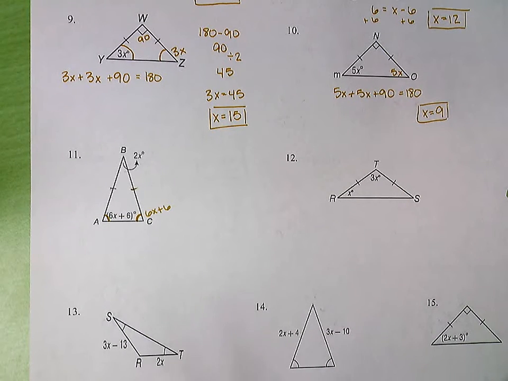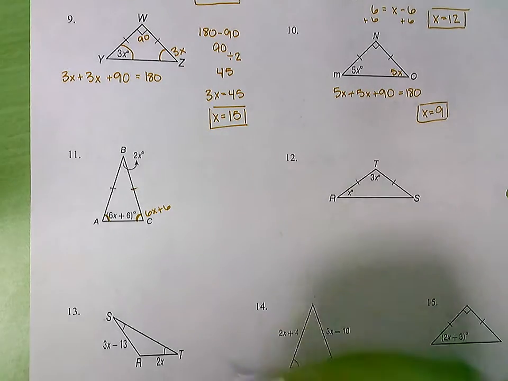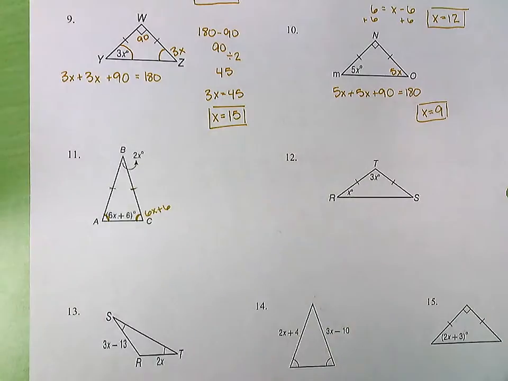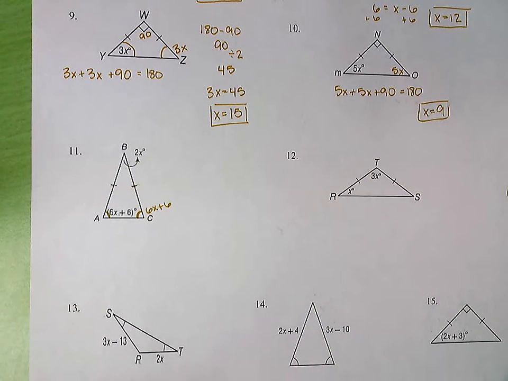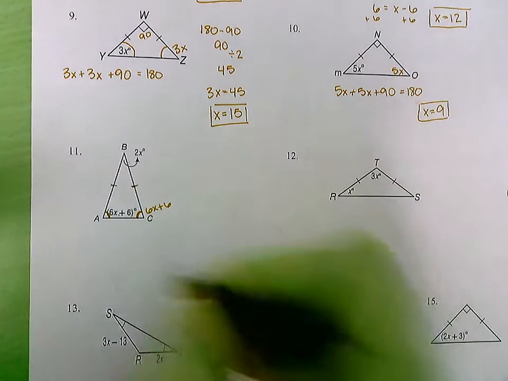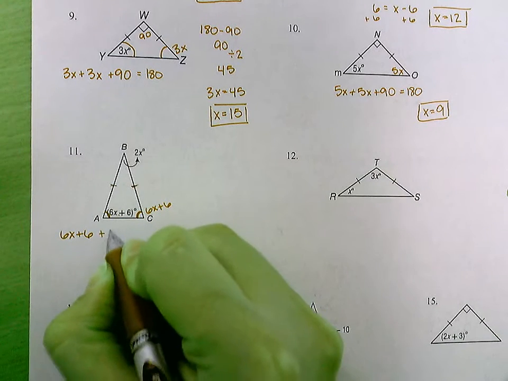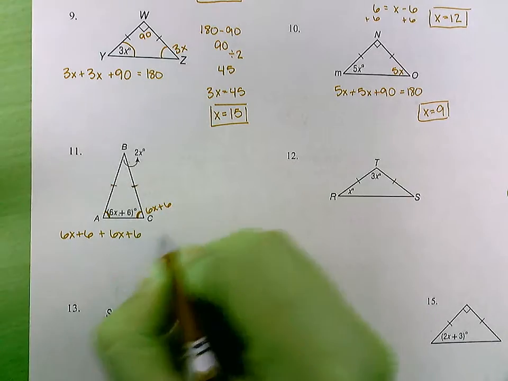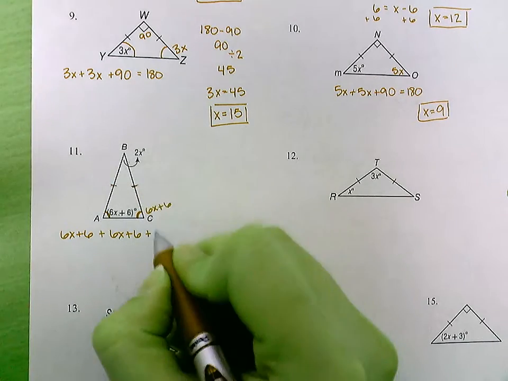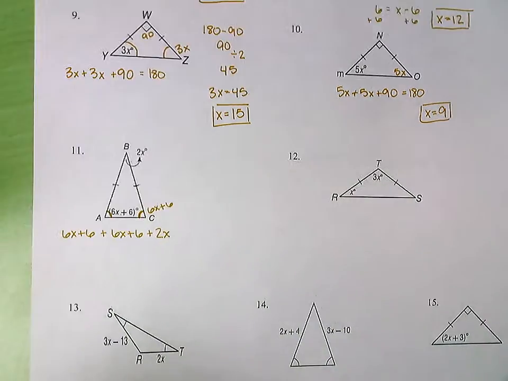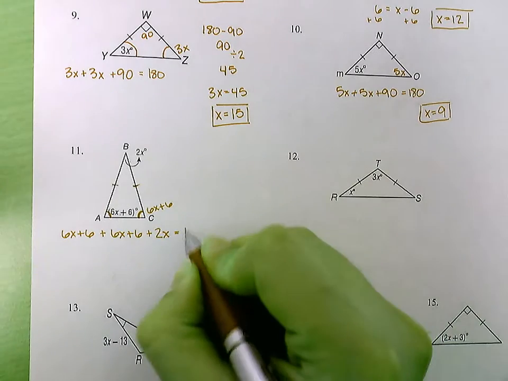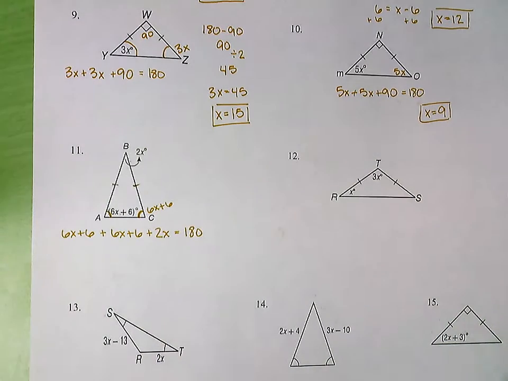So we know that all three angles have to add to 180. So I can add up all three of those and set it equal to 180. So we have 6x plus 6 plus 6x plus 6 plus that 2x. Don't forget about that 2x. It needs to be all three angles, not just two of them, equal to 180.